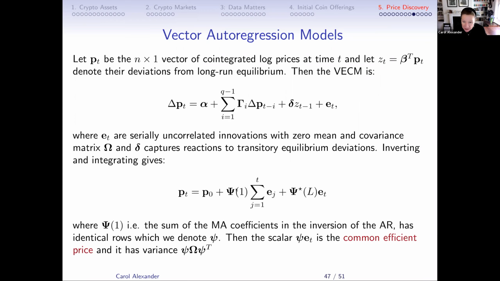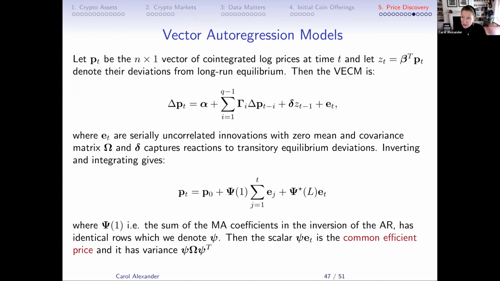But it can be shown that this, which is the sum of the moving average coefficients, has identical rows. So this phi1 has rows little phi, little phi, little phi. In other words, when we look at the first variable here, this is the actual price, because we've integrated it.